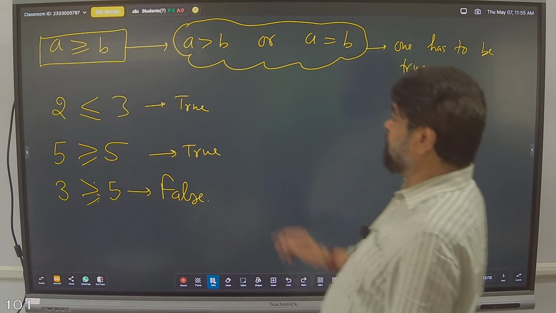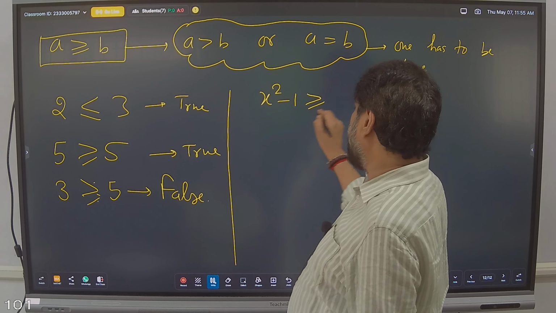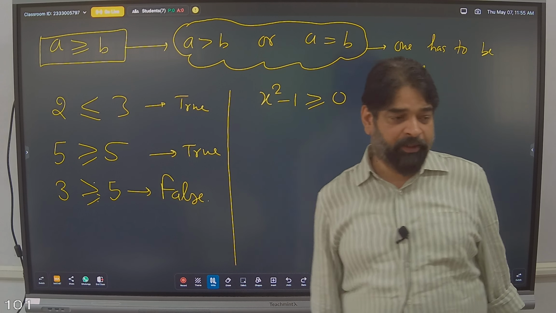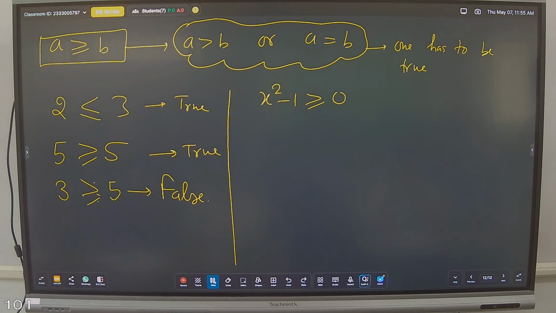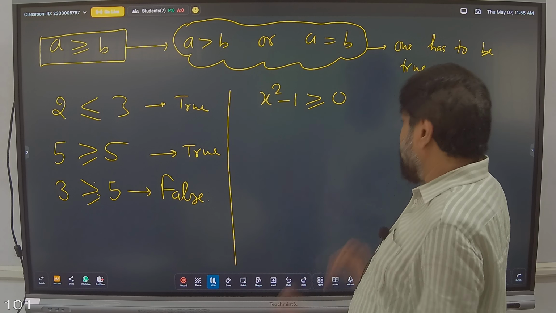Now imagine I am asking the question x square minus 1 greater than or equal to 0. Please don't try to solve, just concentrate fully. I want to solve this question. Polynomial inequality will apply.